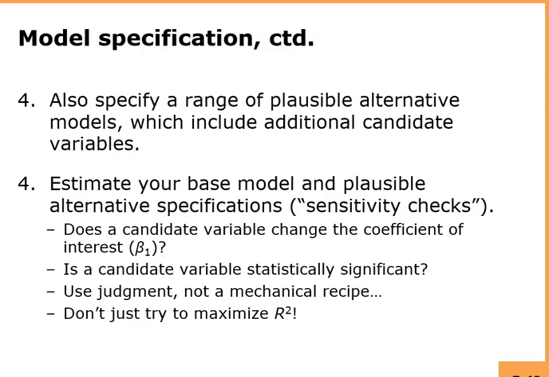So it's not simply a mathematical or a mechanical formula, so you have to apply the economic theory. And don't just try to maximize R square, because as we have mentioned before, even if the control variable is not an appropriate one, the R square will increase whenever you include an additional variable in the regression equation.